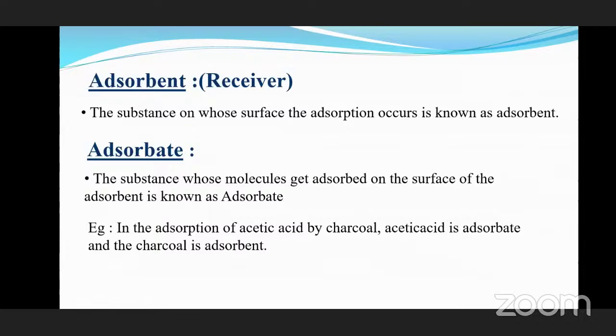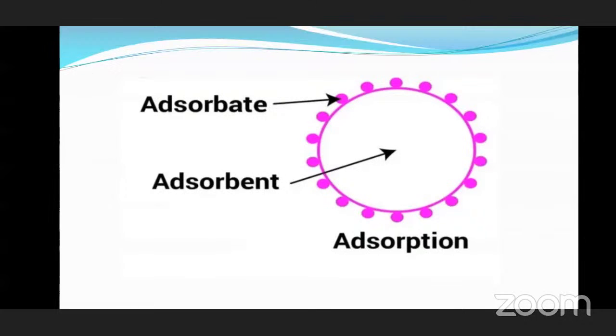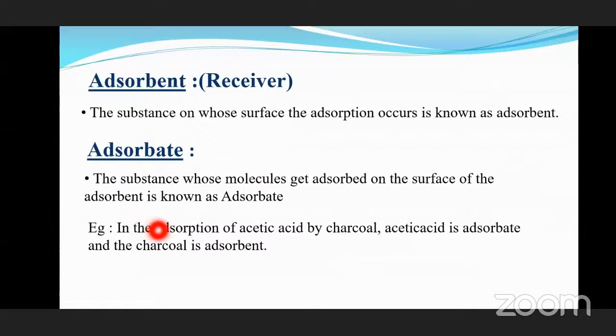For example, by using this example we can know the differences between adsorbent and adsorbate. In the adsorption of acetic acid by charcoal, acetic acid is the adsorbate and charcoal is the adsorbent.